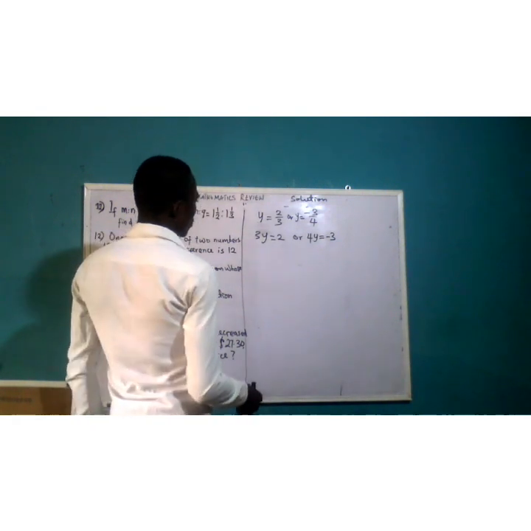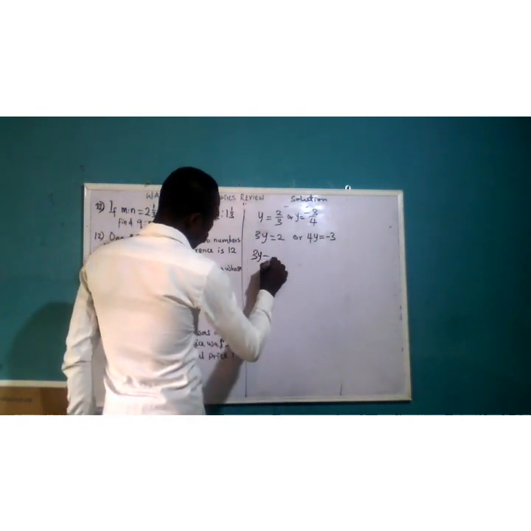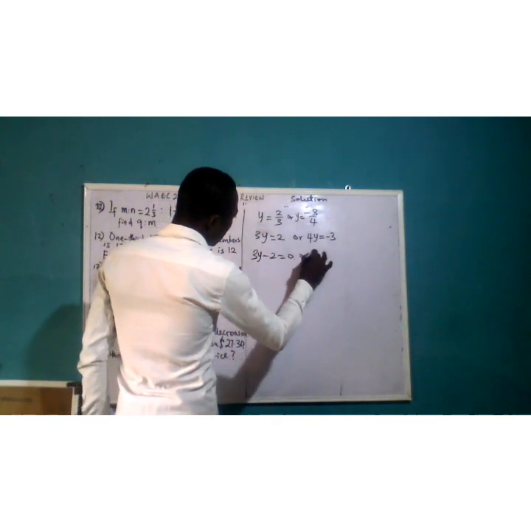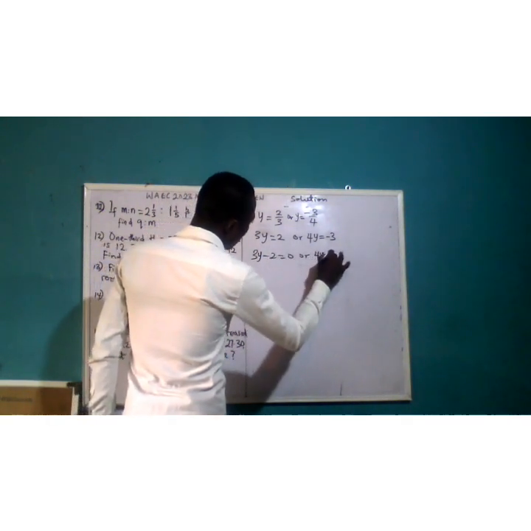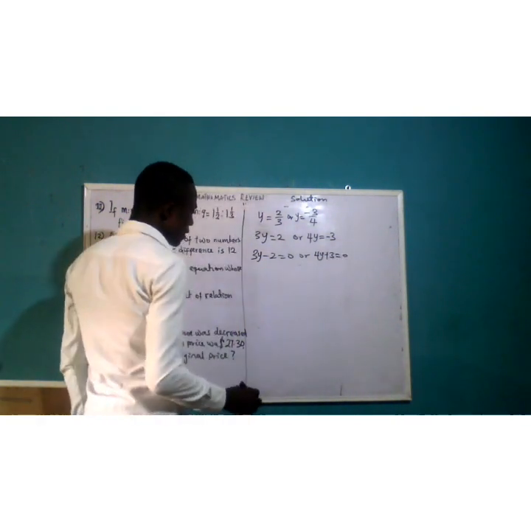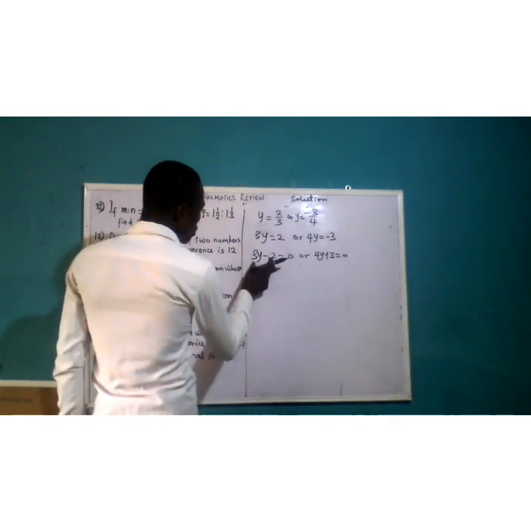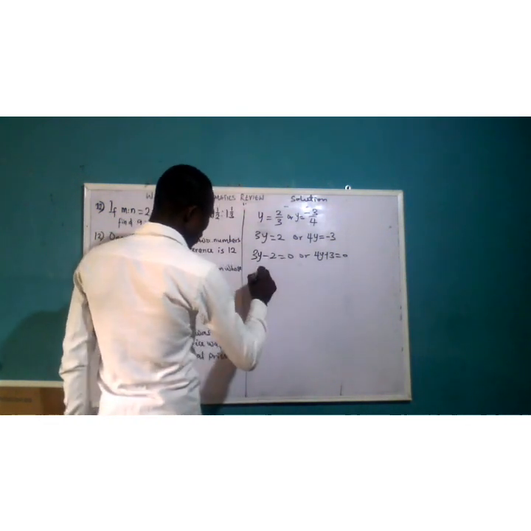Okay, now if you equate this to 0, you have 3y minus 2 equal to 0, or 4y plus 3 equal to 0. What this means is that for this to be equal to 0, or this to be equal to 0, their product will be equal to 0.